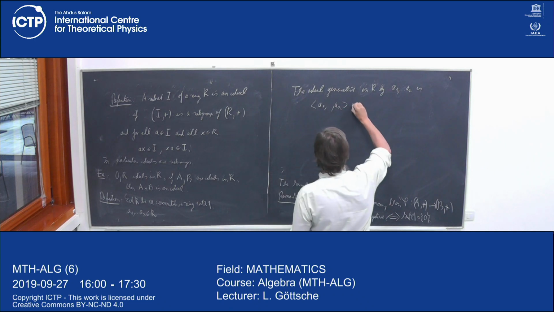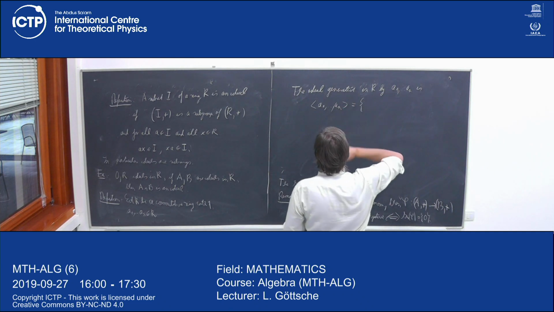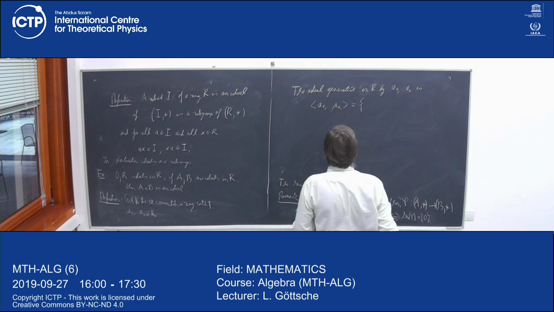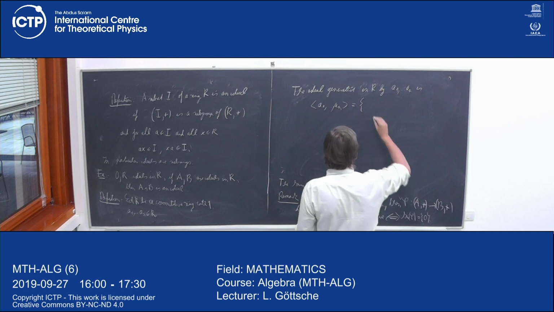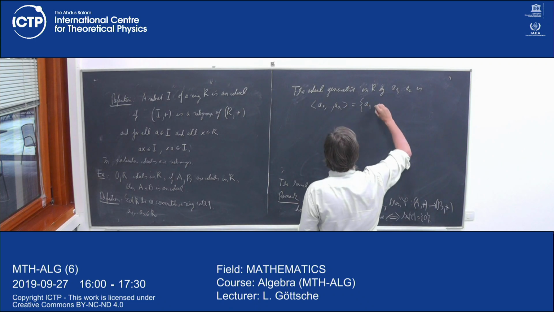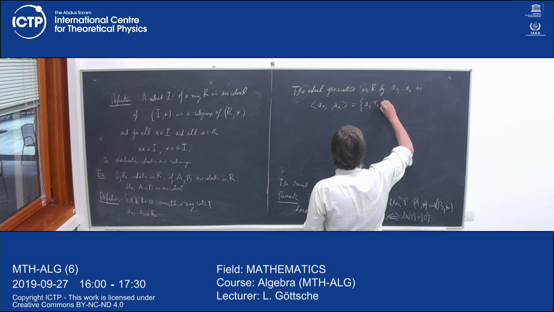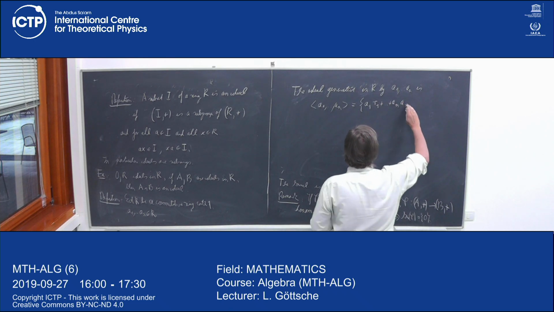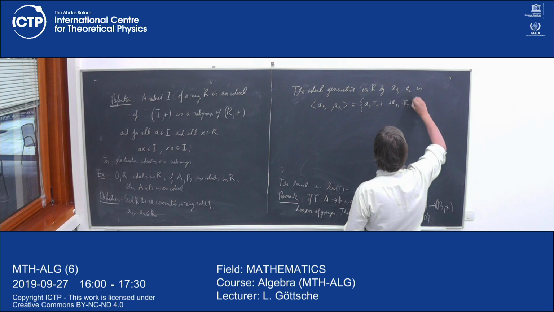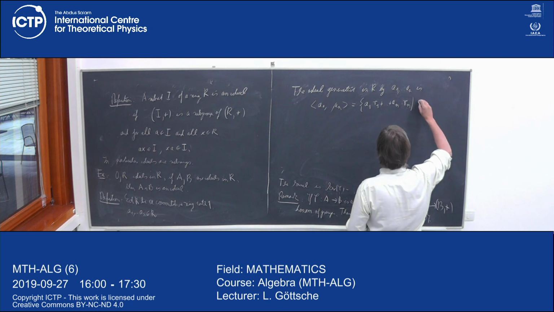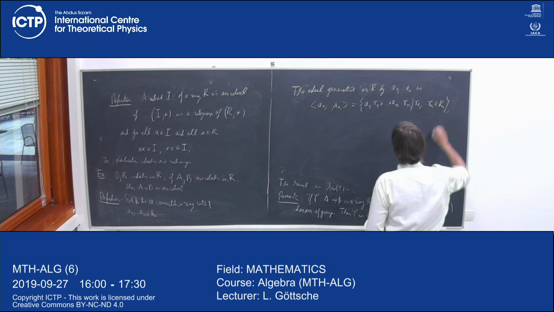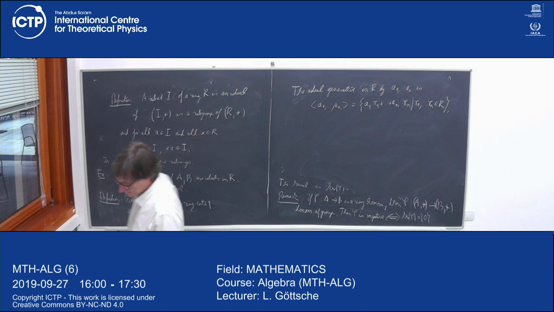And this is just all linear combinations of these AI with coefficients in R. So this means formal sums A1 R1 plus up to AN Rn, all sums like that, where R1 to Rn are elements in R. It's straightforward to see that this is an ideal.